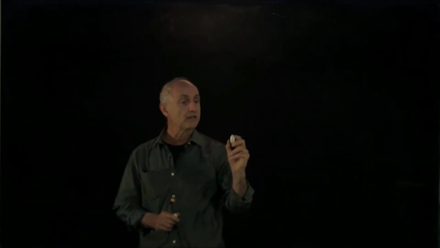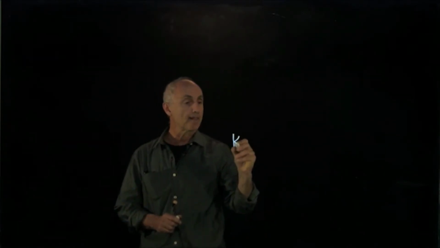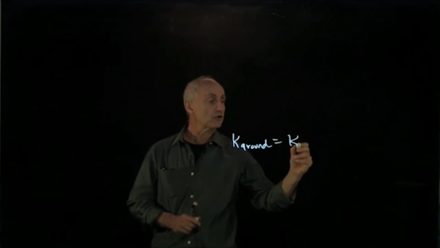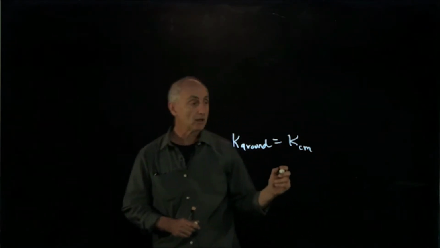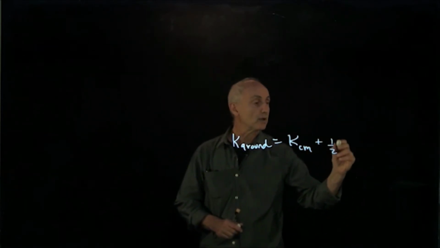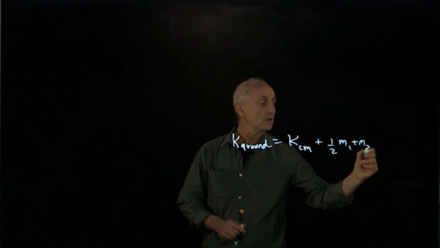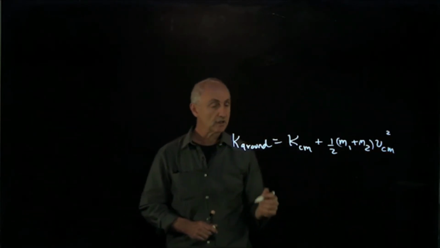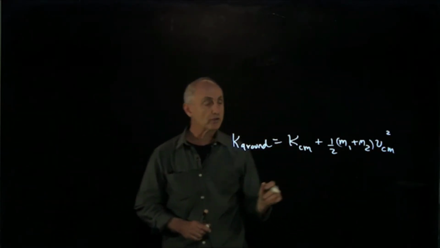Now, when we did these calculations, we saw that the kinetic energy in the ground frame was equal to the kinetic energy in the center of mass frame plus a constant term, 1/2 m1 plus m2 times vcm squared. And this is a constant, whether you're in the initial or the final picture.